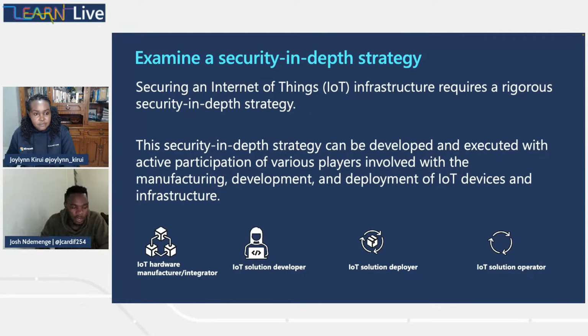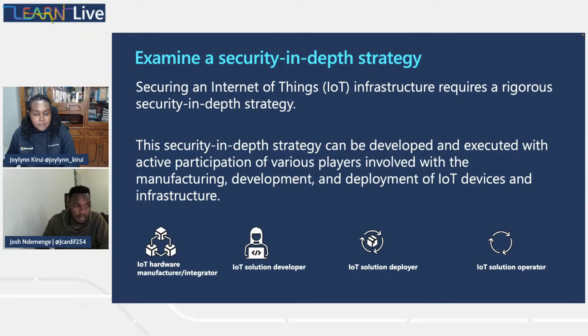And then we have the deployer. This can be the same person who was developing. Alternatively, it can be a completely different player who, after the solution has been developed and needs to be deployed, does the deployment of the hardware, the interconnection of the devices, and the deployment of the solutions on hardware devices or on the cloud.